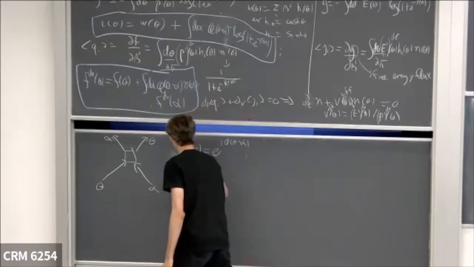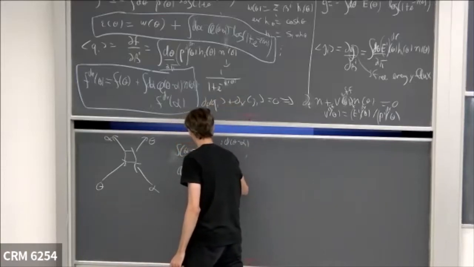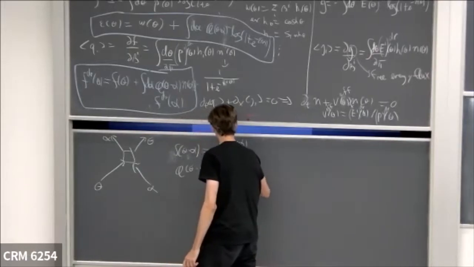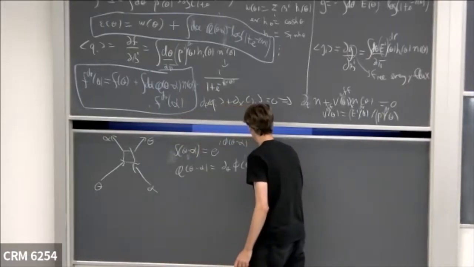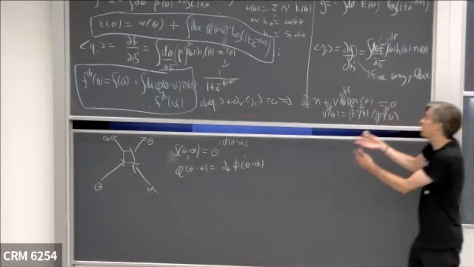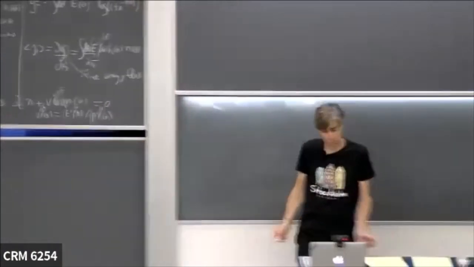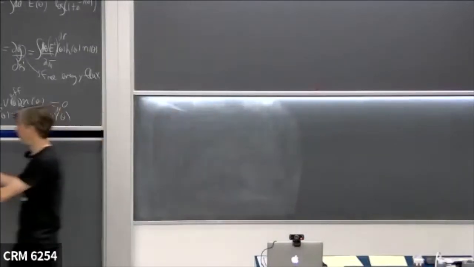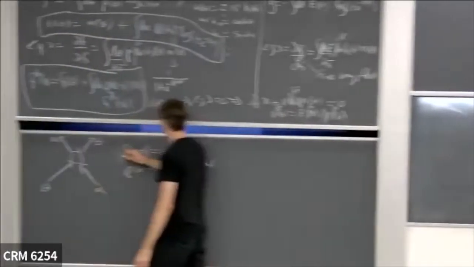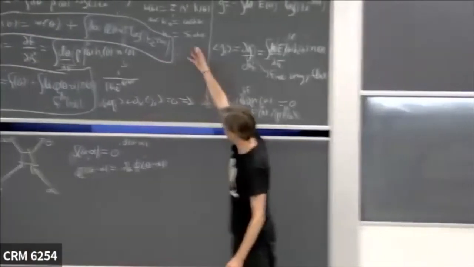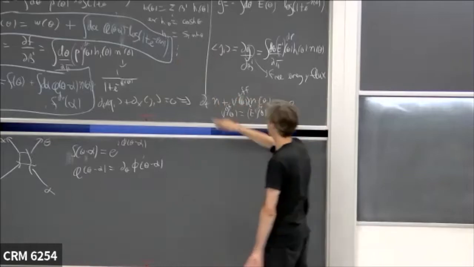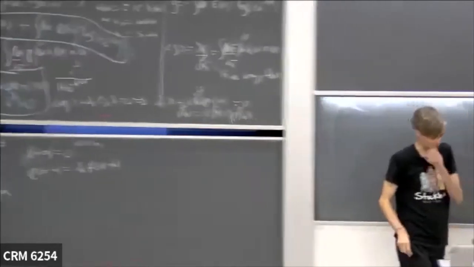The differential scattering phase is just the derivative of that phase phi. So that's the data you need from your integrable model. If you know how two particles scatter with each other, you put that in here and you get the hydrodynamic equation for an integrable model.